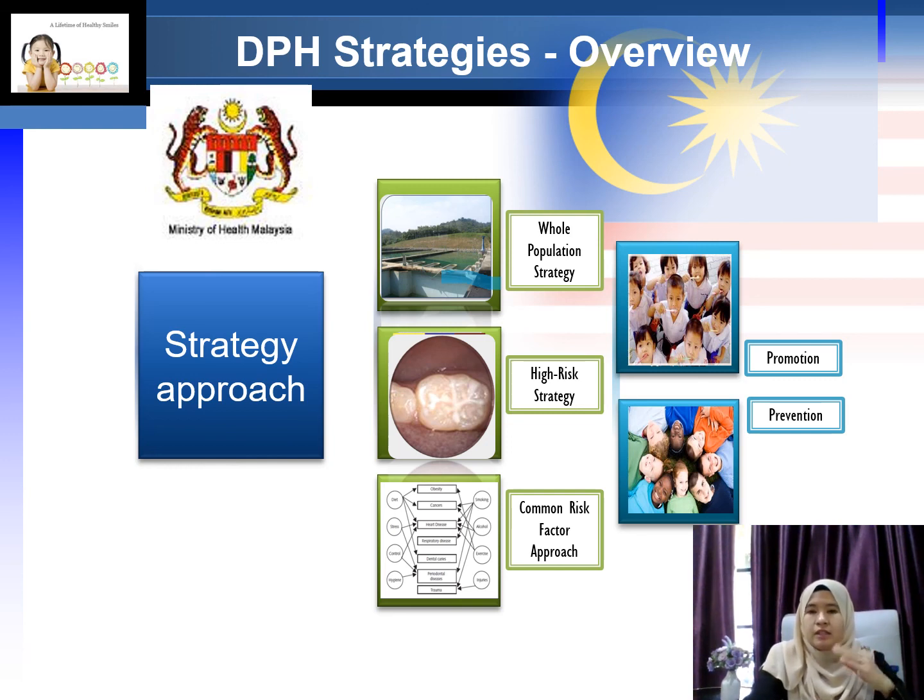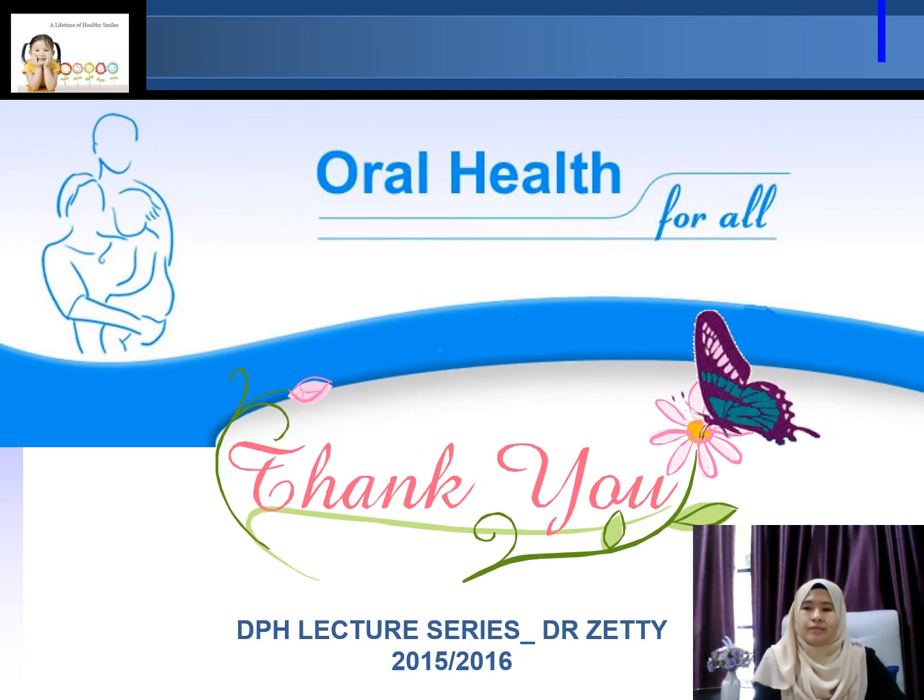Okay, so these strategies will involve the promotion and also the prevention of oral diseases. Okay, so I think I covered all of the topics regarding the dental public health strategies. So I hope it can give you all some insight into the strategies that you can use in the future.